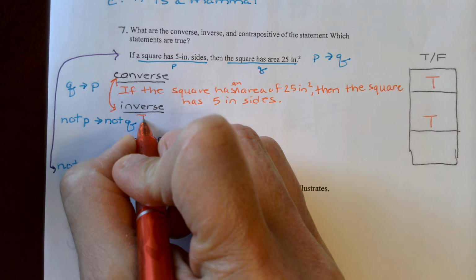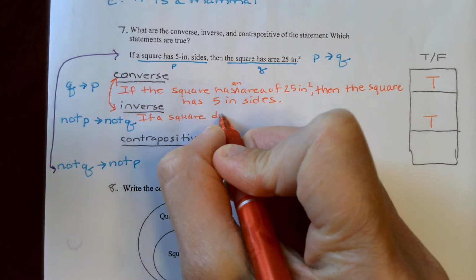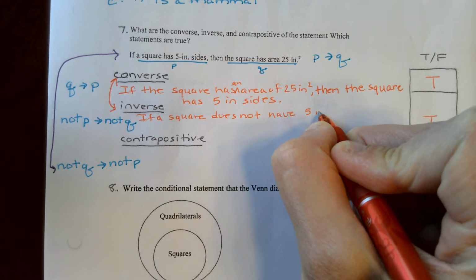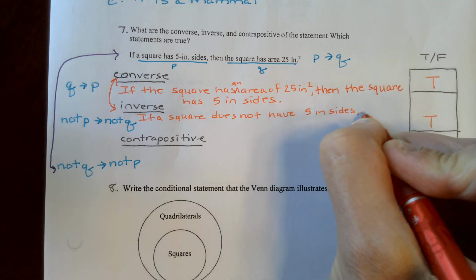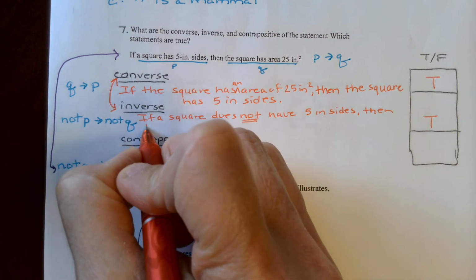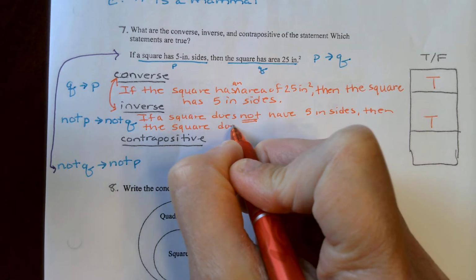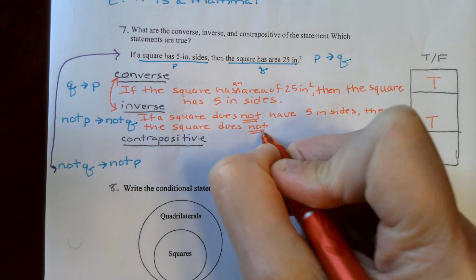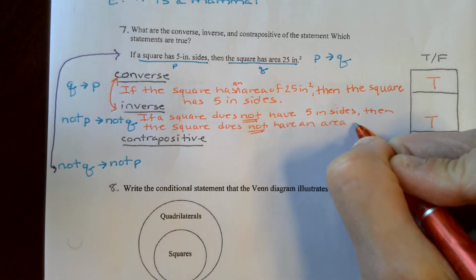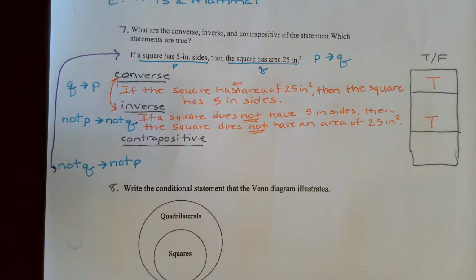So if a square does not have 5-inch sides, then the square does not have an area of 25 inches squared. That also is true.